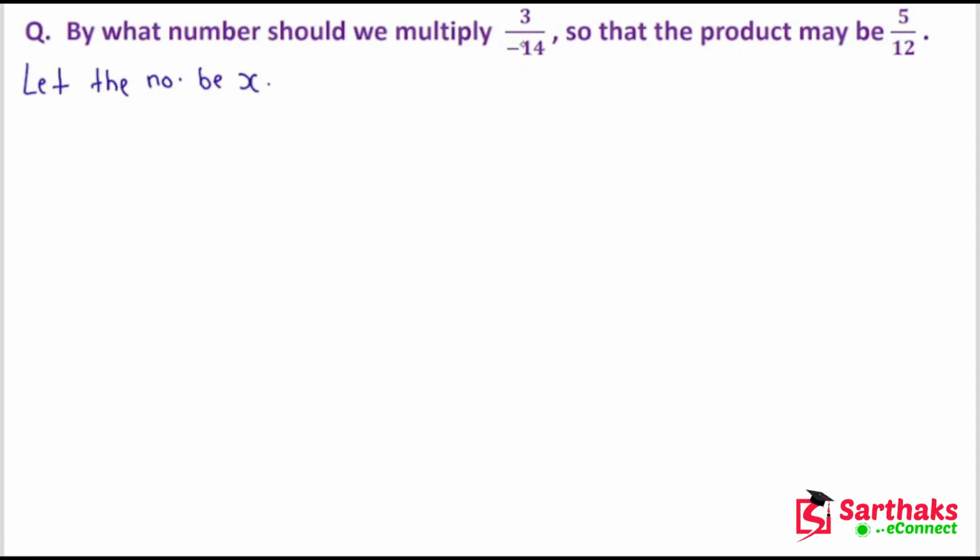So we have to multiply x with 3 upon minus 14 to get 5 upon 12. Then according to the question, x into 3 upon minus 14 is equal to 5 upon 12. Again the same question.